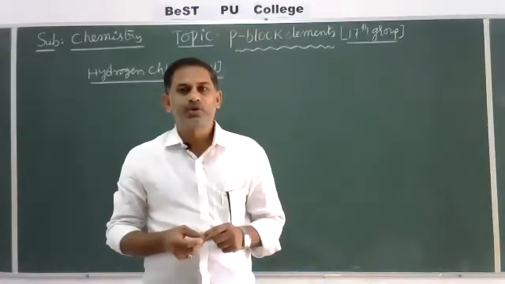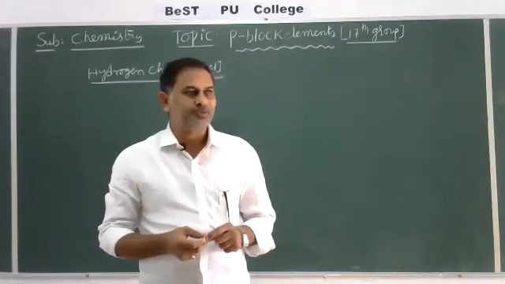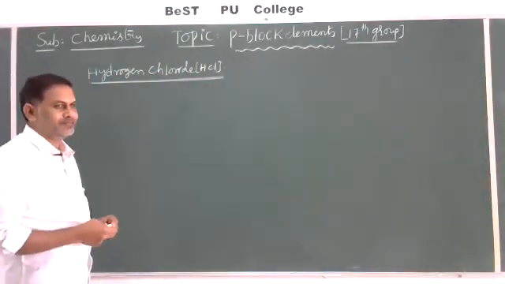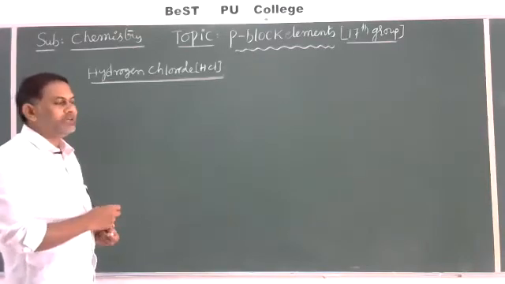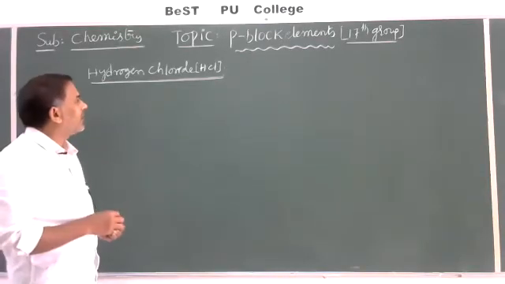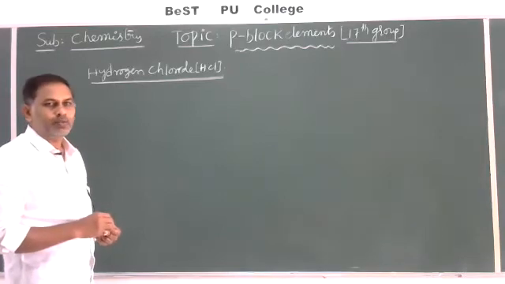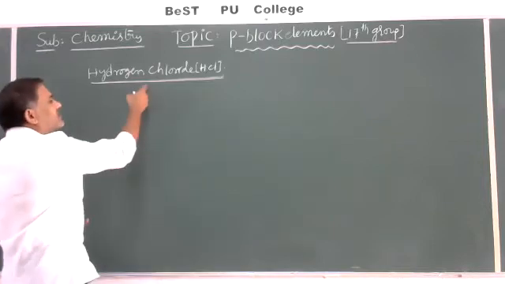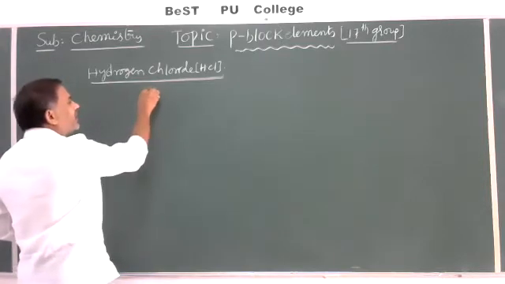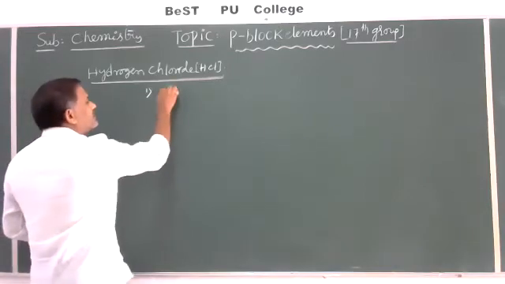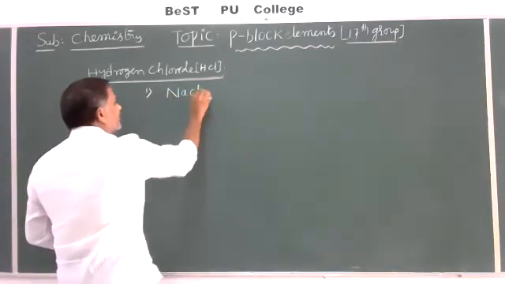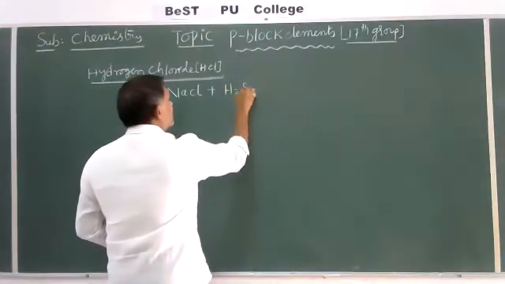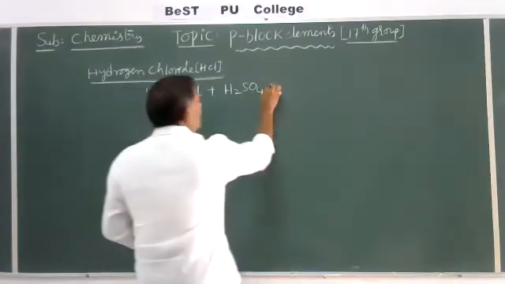Yesterday we discussed hydrogen chloride, and I explained just one preparation method, by Glauber's method. Glauber prepared it using salts of sodium reacted with concentrated sulfuric acid on heating.